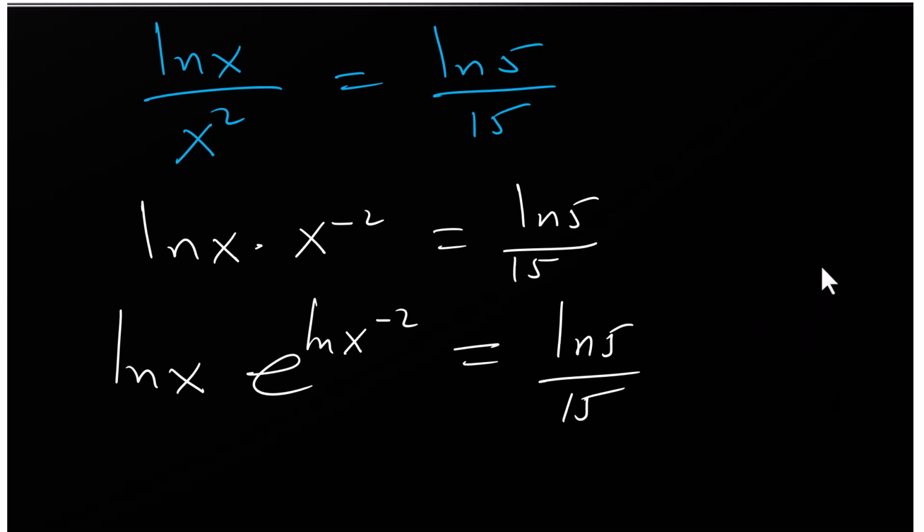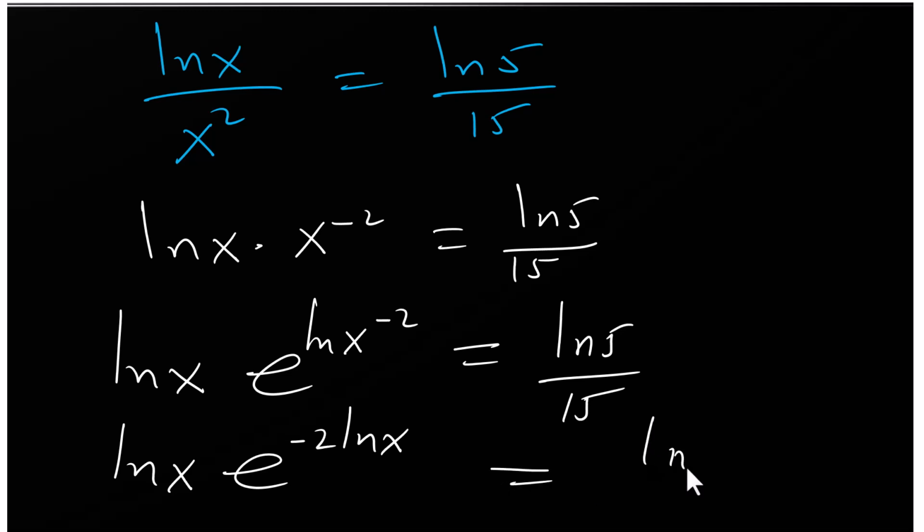Okay. Now, from here, let's observe this one well. This one is a power rule. So ln of x e to the minus 2 ln of x equals ln of 5 on 15.